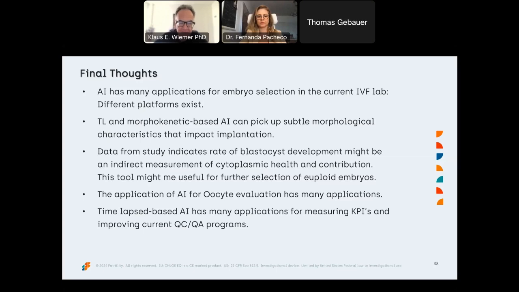And the application of AI for oocyte evaluation has many applications. And time-lapse based AI has many applications for measuring KPIs and improving quality control.